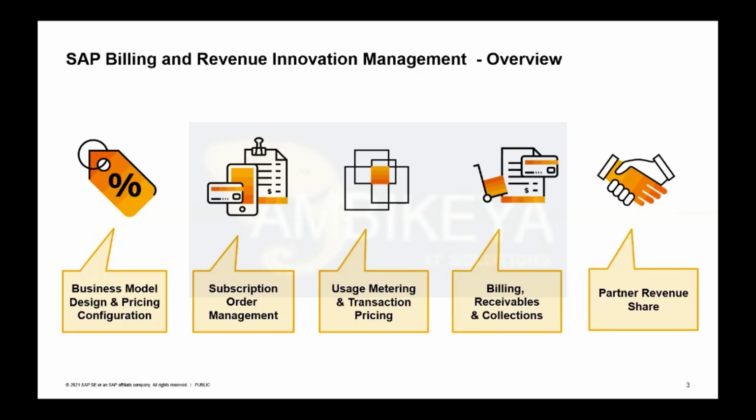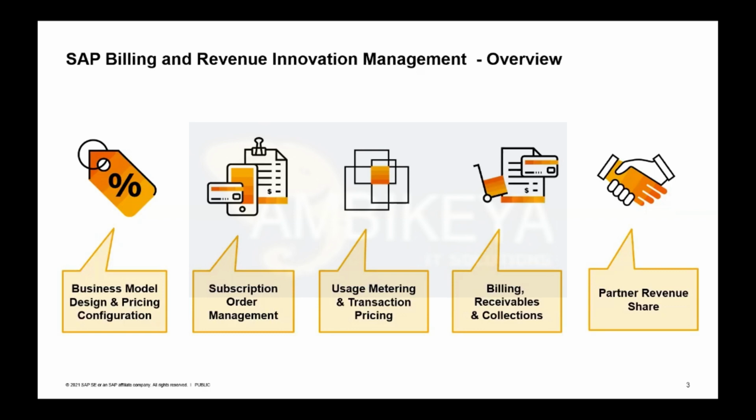With usage metering and transaction pricing, we are able to solve high volume pricing problems, like in telecommunication industries, where a lot of traffic has to be priced. This is no problem for the BRIM solution; it scales to high volume.